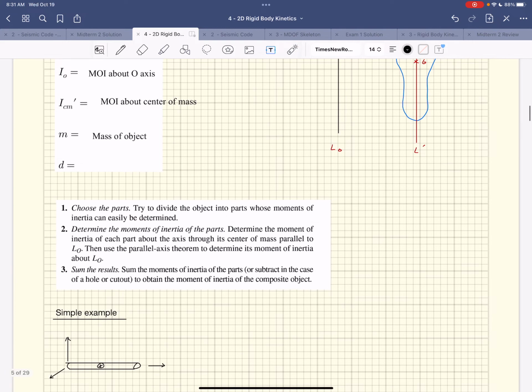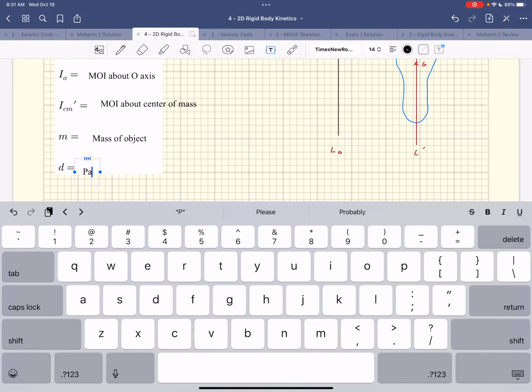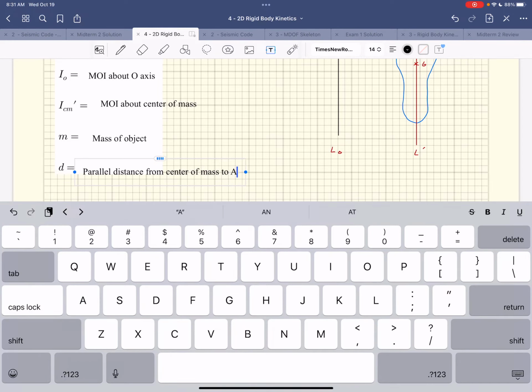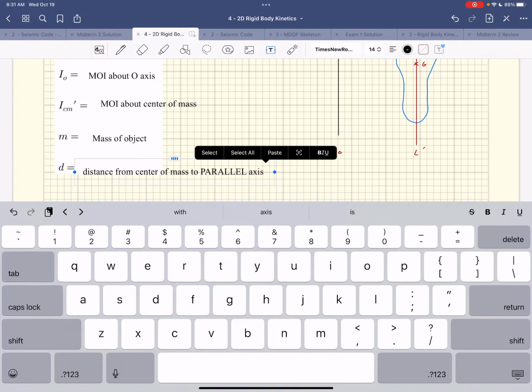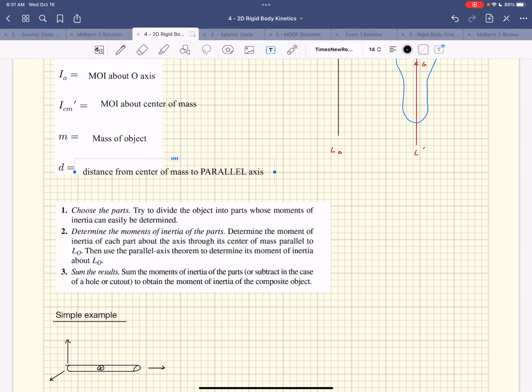And then d is the parallel distance from center of mass to parallel axis. Oh, actually I put the parallel distance from center of mass to parallel axis in all caps. I didn't mean to do that. That's okay. It works. I really emphasize. That's what that is.